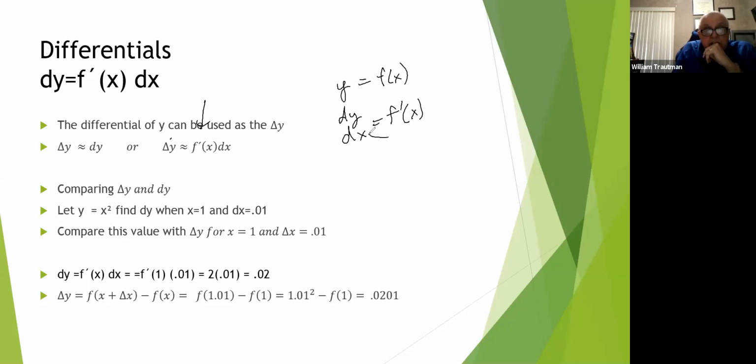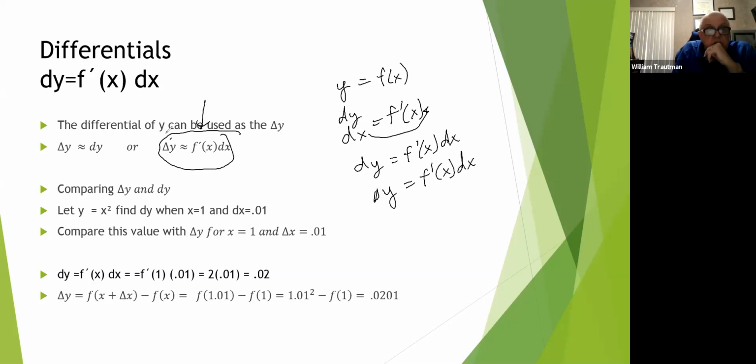Now, if I take the dx to the other side, I get this. And I can change dy to the change in y. They're just showing you the algebra of moving things over to the other side and changing dy to the change in y and dx to the change in x.